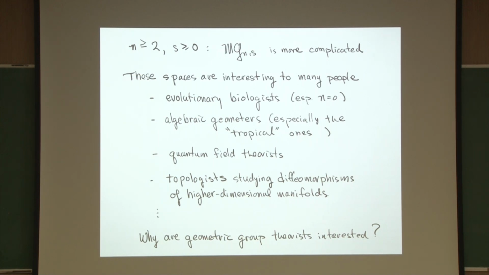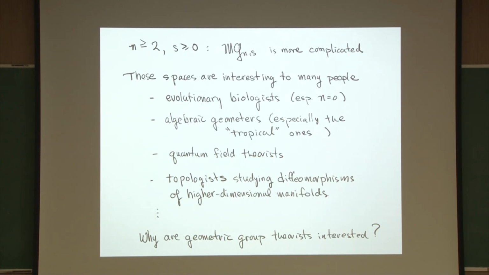But it gets more interesting when the n, the rank of the fundamental group, gets bigger. It's more complicated. So I've now described all the spaces that I'm going to talk about today. And I just like to point out that these spaces, it turns out, are interesting to lots of different people.